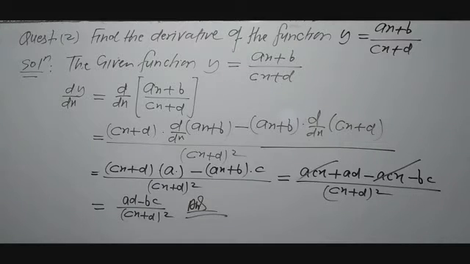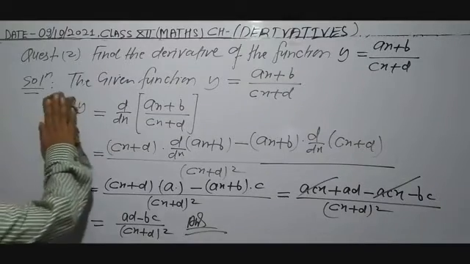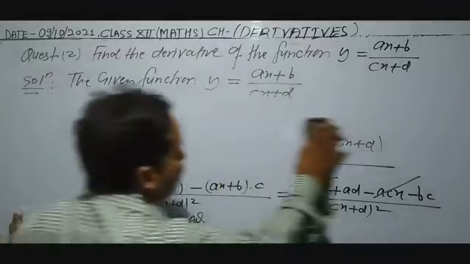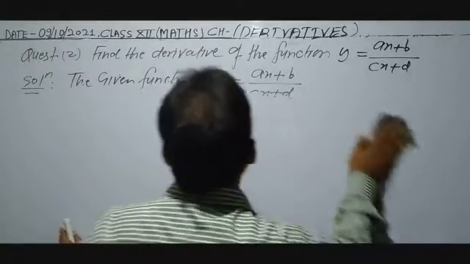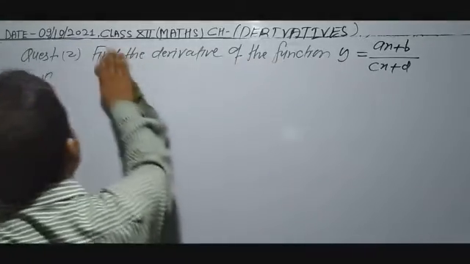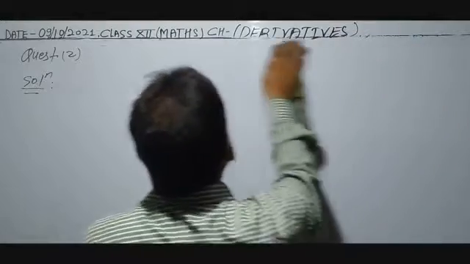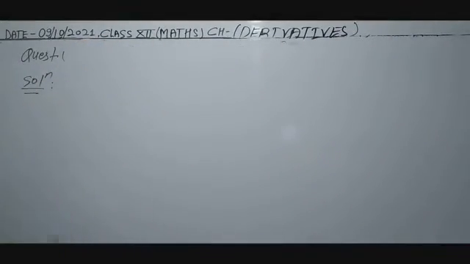Question number 3 is: find the derivative of the function. f(x) is equal to, as given, cosec x into cot x.